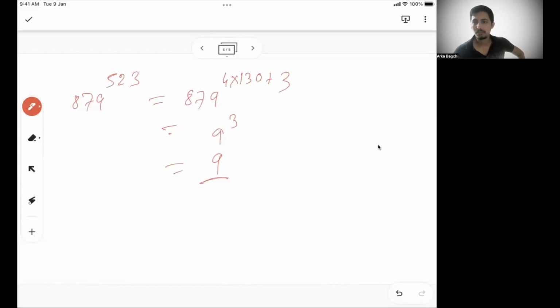Now someone may tell you 10 different formulas for 10 different digits. One is for 5, one is for 7, one is for 1, one is for 9, but this is the most generic formula. Divide by 4, and whatever you get between 1, 2, 3, and 4, take the last unit digit and see what that power of the unit digit returns.